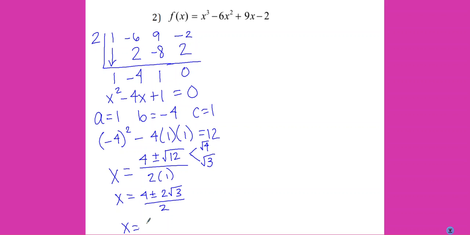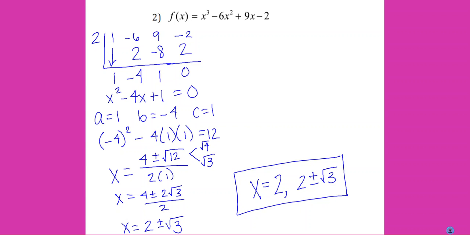And then everything's divisible by 2, so this simplifies to 2 plus or minus the square root of 3. So my final answer would be that x equals 2 or 2 plus or minus the square root of 3.